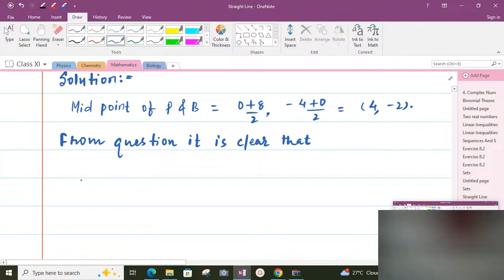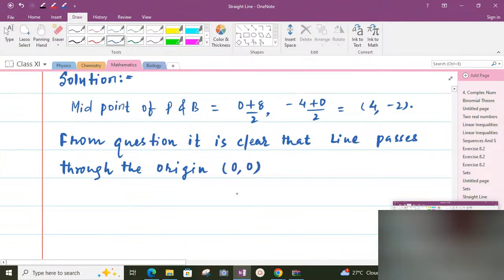the line passes through the origin and this point. So the coordinate of the other point will be (0, 0). So this line has 2 points. The coordinate of one point is (0, 0), and the coordinate of the other point is (4, -2).